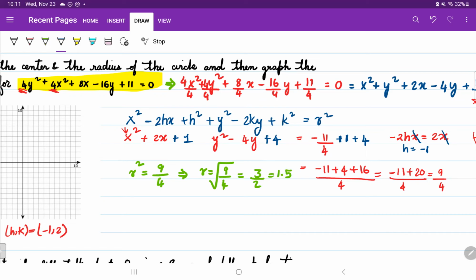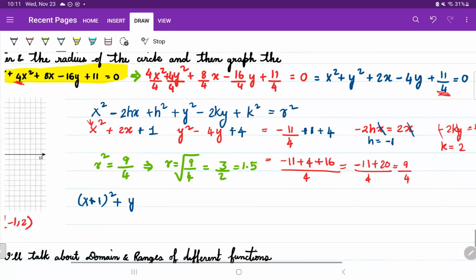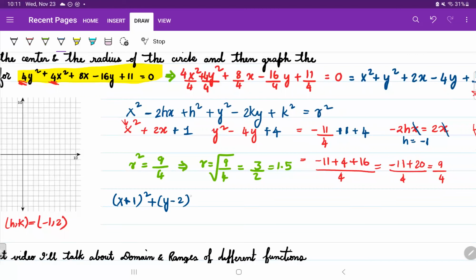So now to write the equation in a much more compact way, that would just be x minus h, which is -1, so this plus y minus k, our k was 2. So y minus 2 whole square equals r square, which is 9 by 4. So this is our equation.